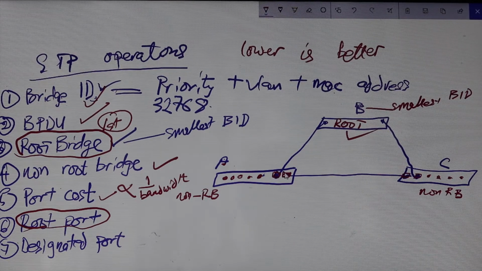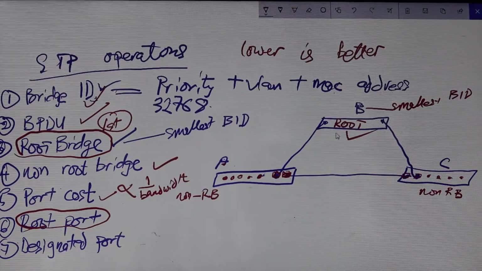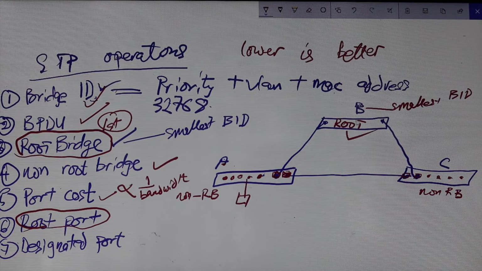These two ports that you are seeing here, all of them can lead you to the root bridge, isn't it? Supposing you have a PC here, and that PC wants to communicate with the root bridge. It can either go through this port here to the root bridge, or through this port here to the root bridge. These two ports here are going to compete.